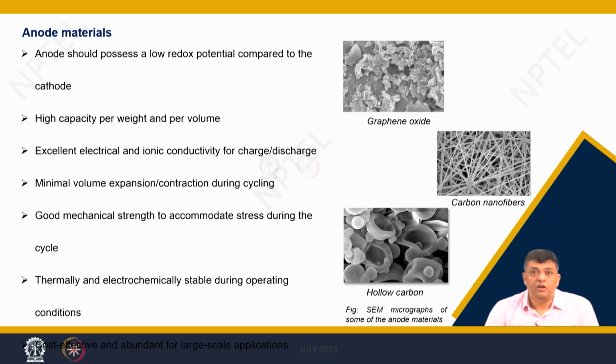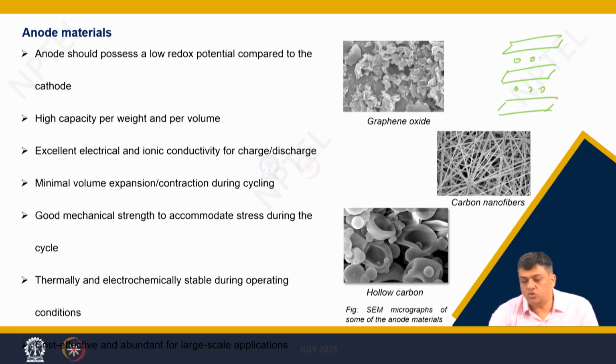You can have not just conventional layer type graphitic structures which were allowing the charges to go inside and get trapped, and that means you had the storage capacities. You can tune these materials as per the requirement of the end user.